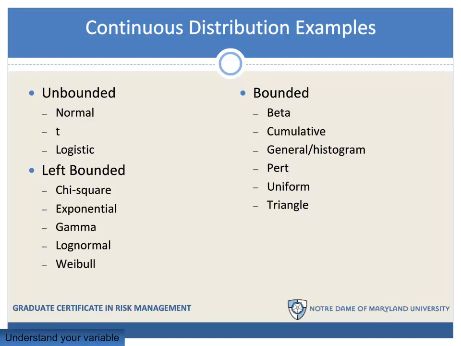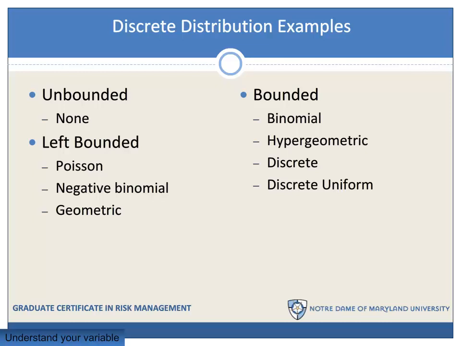So it can be very helpful. If you recall the size of that palette we were looking at just a moment ago, these two pieces of information can quickly help you zero in on some candidate distributions. If you have a discrete distribution, one of the first things you probably should know is that there are no unbounded discrete distributions. There are bounded distributions.